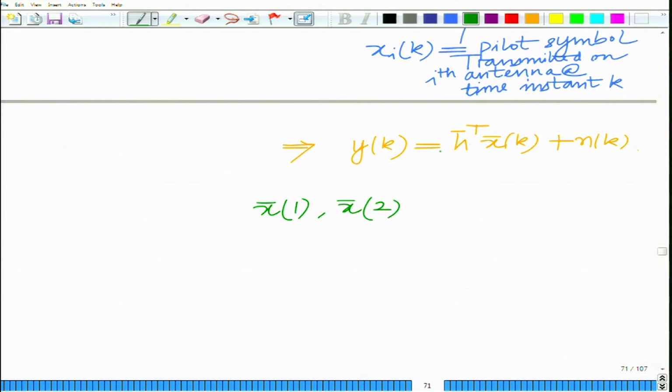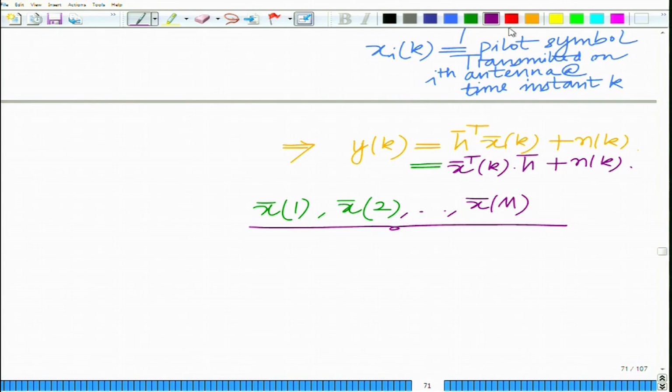Now remember, considering real vectors, this can also be written as x bar k transpose times h bar plus n k. I can write it as h bar transpose x bar k or x bar k transpose times h bar.